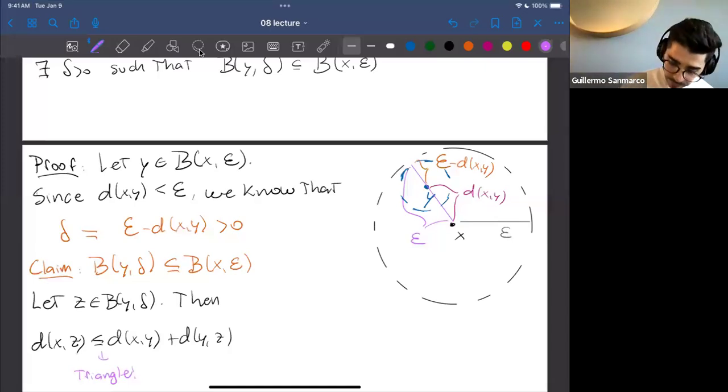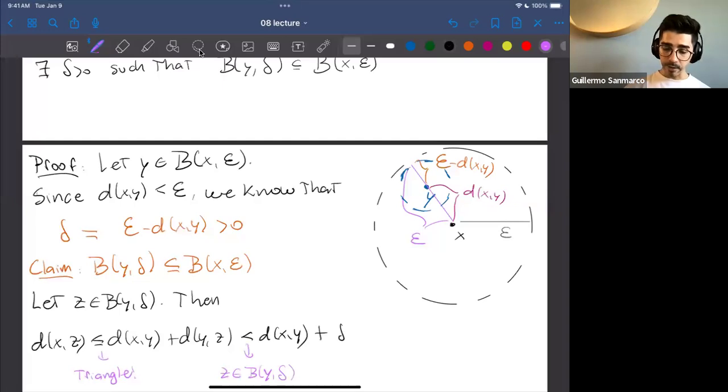Okay, so the distance from x to y, it is what it is. But the distance from y to z is at most delta, and that's because our z is an element in the ball of center y, radius delta. And now I can write what delta is. So this is just the distance from x to y, but delta is epsilon minus the distance.